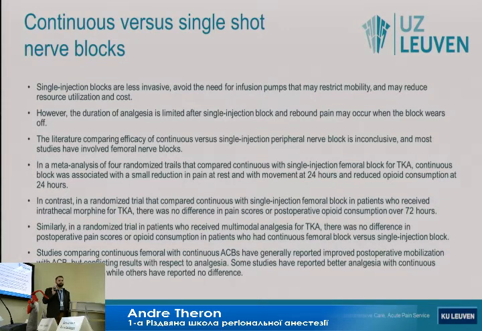So if you do a simple knee arthroplasty, it doesn't really show in the pain scores, and it doesn't show in decreased opiate usage. It's only with a complex surgery where it does make a difference. And then other studies comparing continuous adductor canal blocks with femoral nerve blocks just show that you mobilize better with adductor canal, but the pain is a bit more.